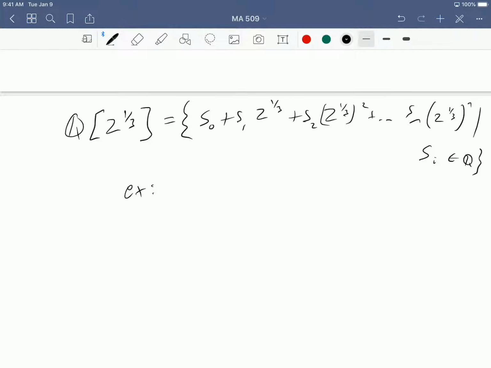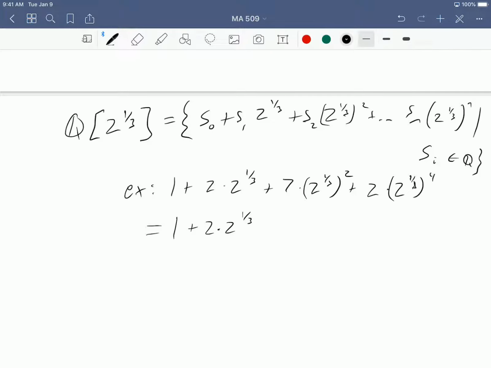As a little example, what if I had 1 plus 2 times 2 to the 1/3 plus 7 times 2 to the 1/3 squared plus 2 times 2 to the 1/3 to the 4th power. How would I simplify that expression? So I have 1. I have 2 times 2 to the 1/3.